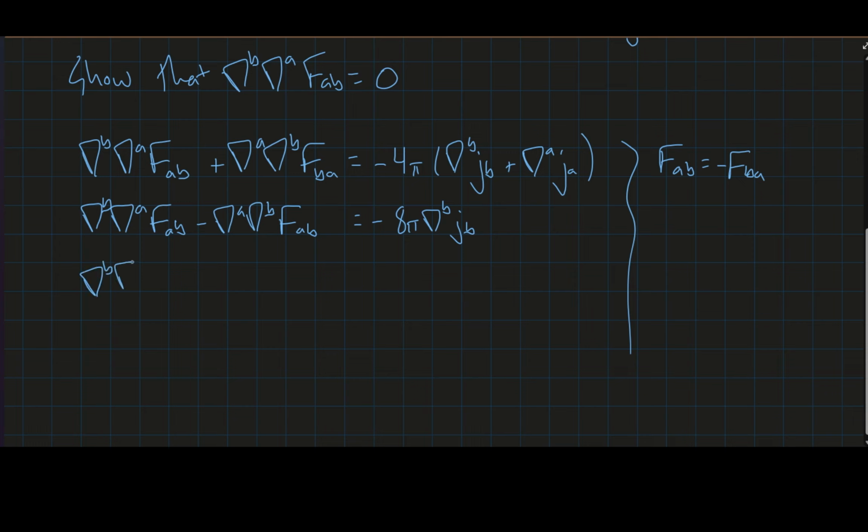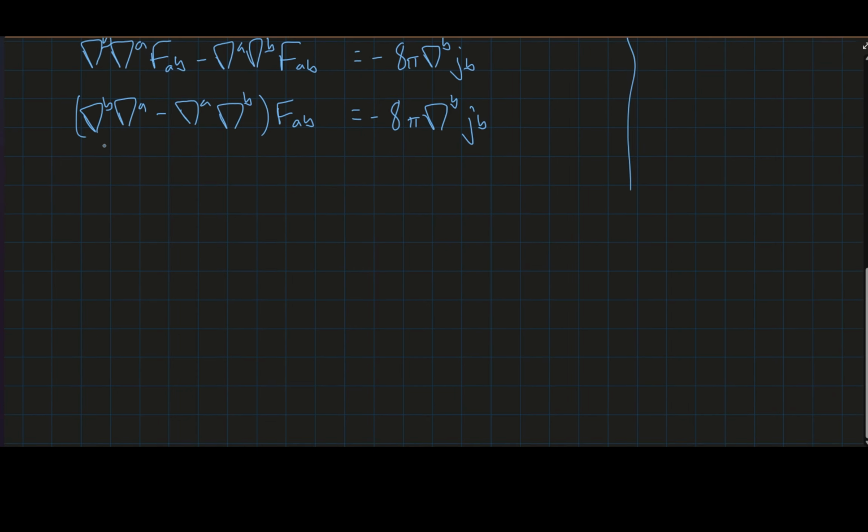So nabla_B nabla_A minus nabla_A nabla_B, F^AB equals minus 8 pi nabla_B J^B. So let's just examine this left-hand side here. We can pull a minus sign out and put it in this order instead, so the nabla_A nabla_B comes first, times F^AB.